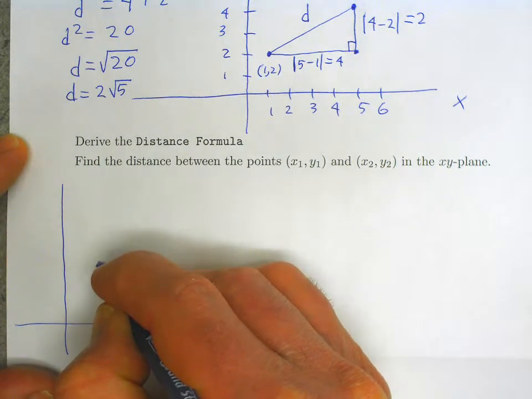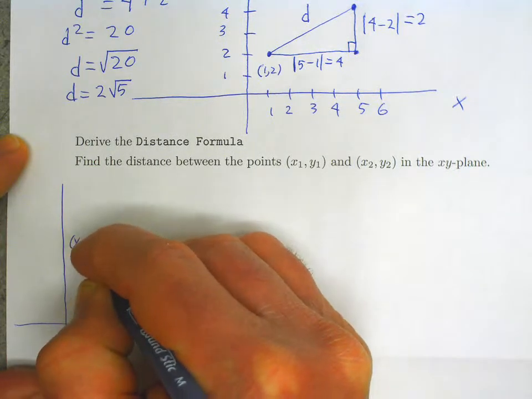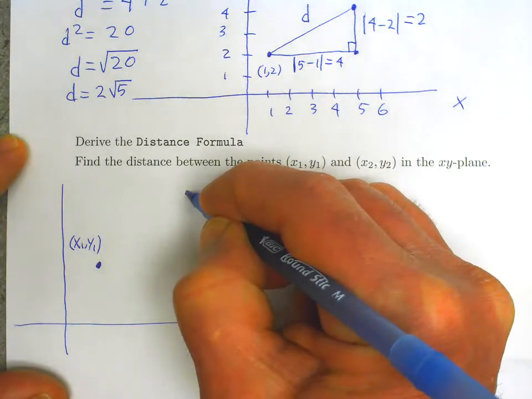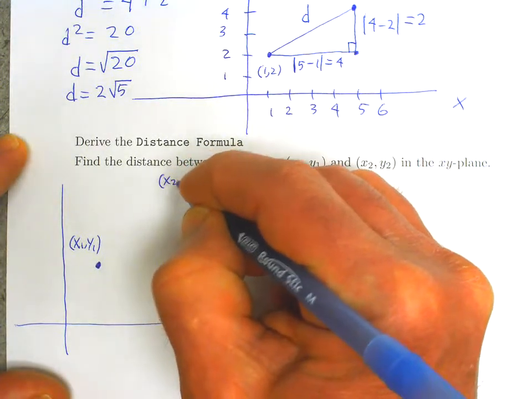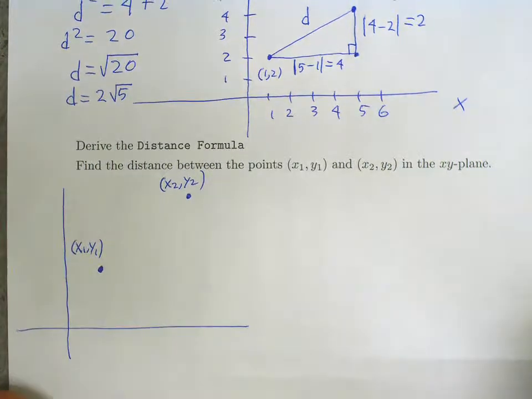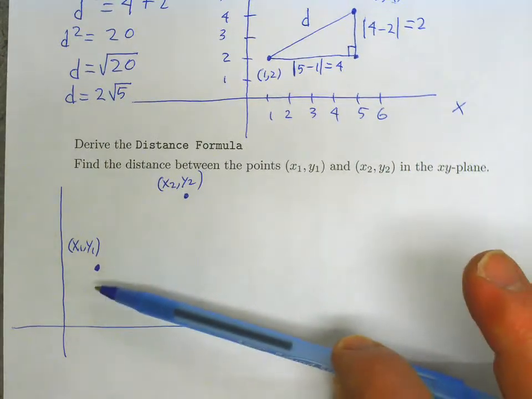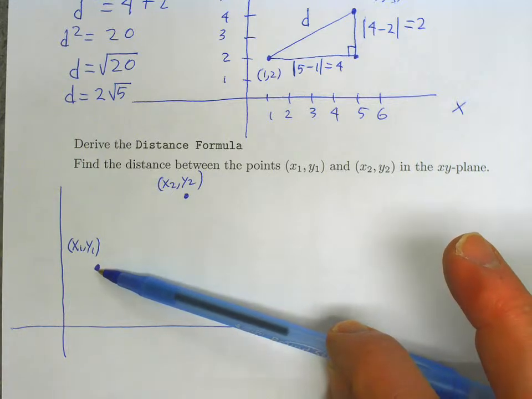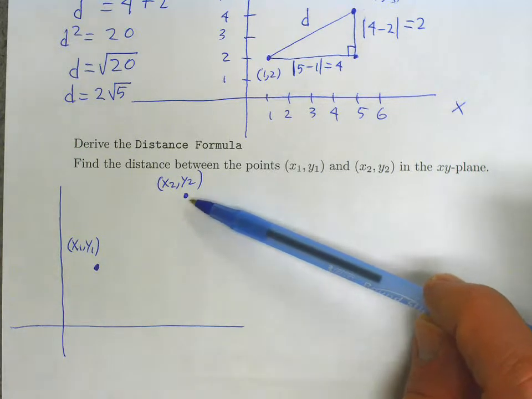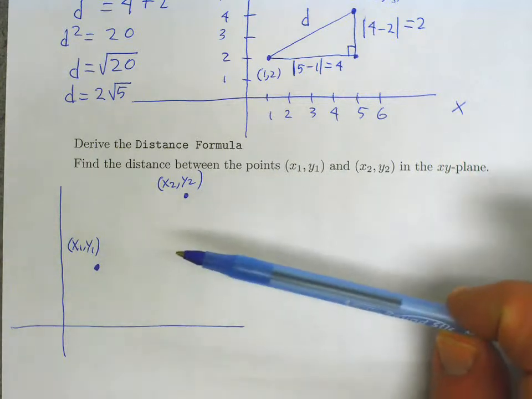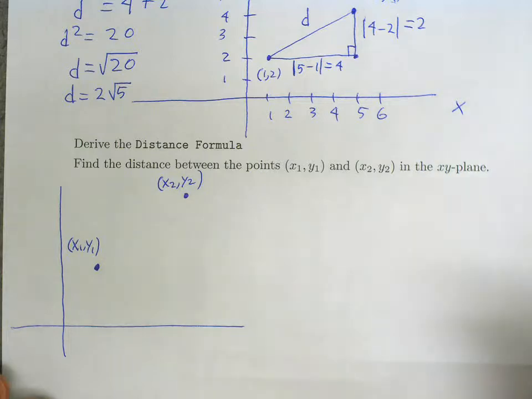So I'll label this point x1, y1, and then another point I'll label x2, y2. And we want to find a formula for the distance between x1, y1, and x2, y2. Okay, so we're going to derive that formula by applying the Pythagorean theorem to a right triangle.